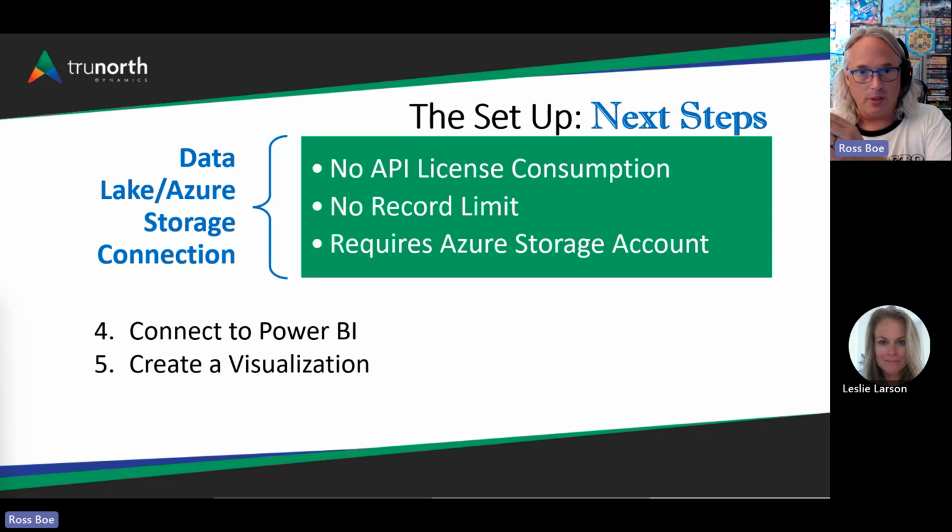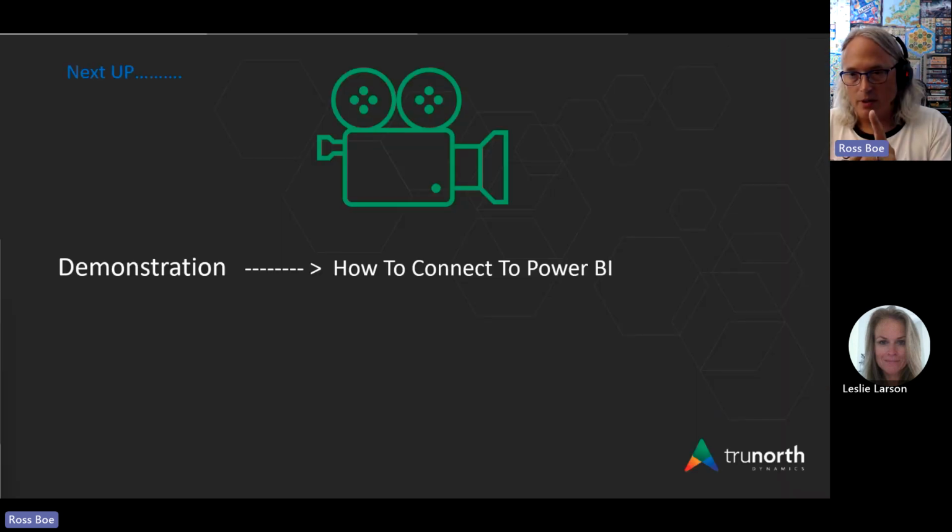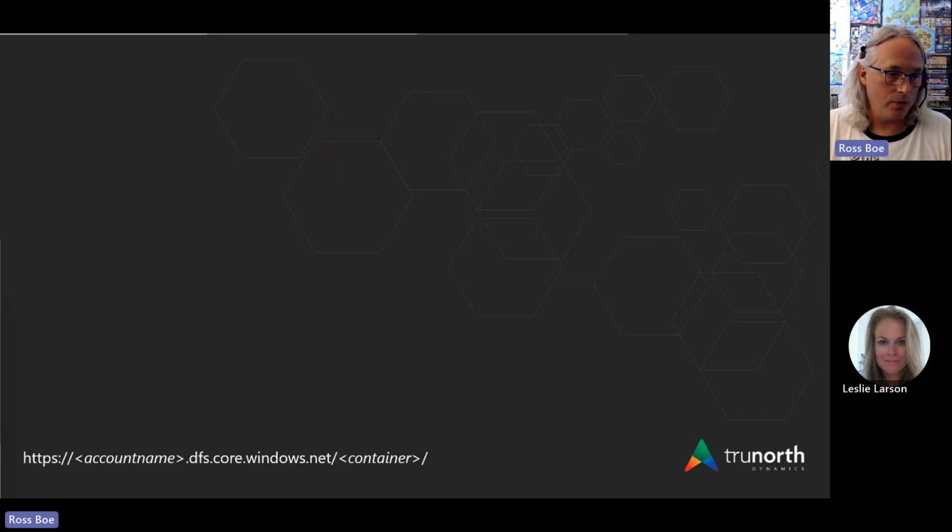Again, we are using the storage account. So let's get started. We're going to demo connecting Power BI to that storage account. And just a note, this one is pre-recorded like the other one. There's a couple of steps that really do take quite a while. So let's walk through it.